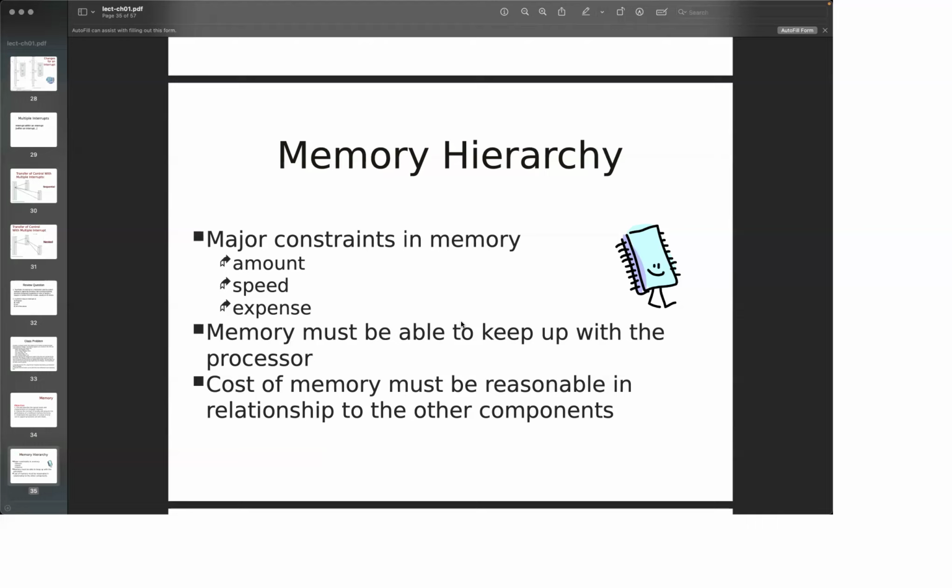They always work together, so we fetch the content from the memory to your CPU. After your CPU does some calculation, we need to save it and put it back to memory. Most of the time we also need to think about the cost of the memory, so we need to be more reasonable.